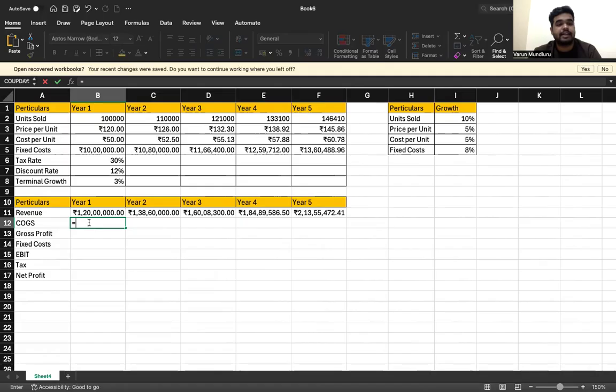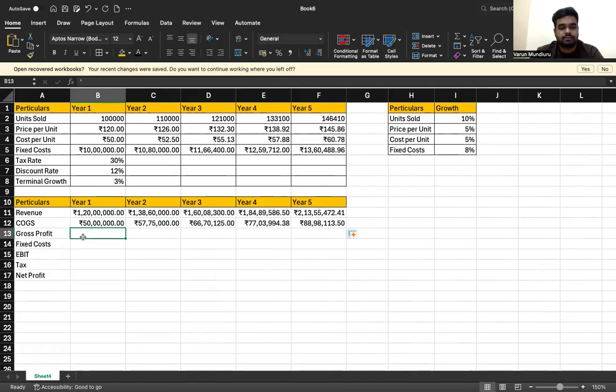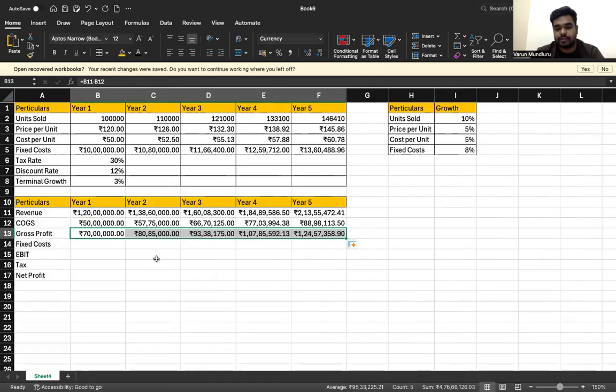Next, in the same way, let us multiply units sold with cost per unit to get the cost of goods sold. Now, gross profit is essentially revenue minus the cost of goods sold. This is our gross profit.